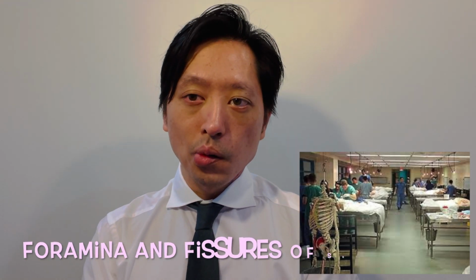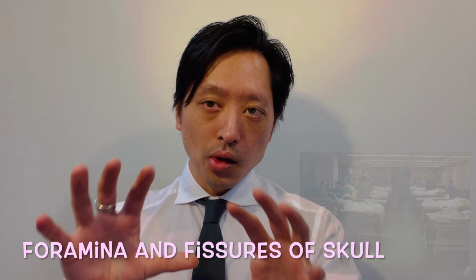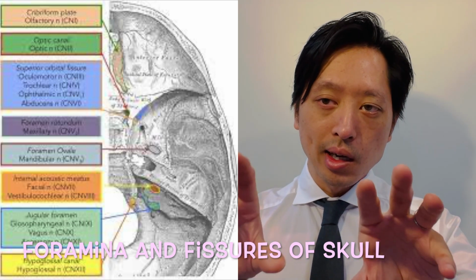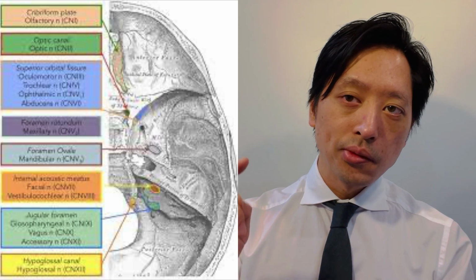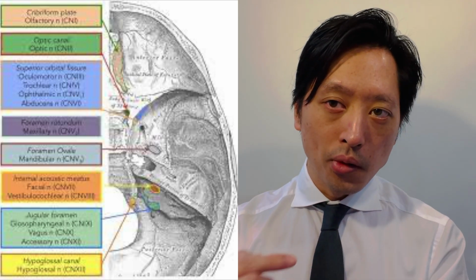And for the lab exam, as I said, it's so important to know the foramina, the little holes that the nerves exit the skull. So it's very important for you to know that foramen ovale is the point where V3, the mandibular nerve, leaves the skull.